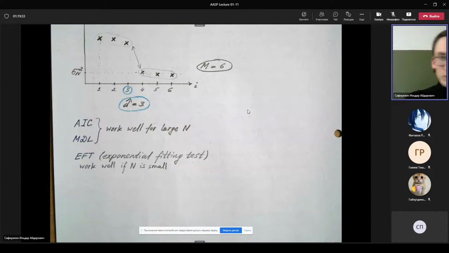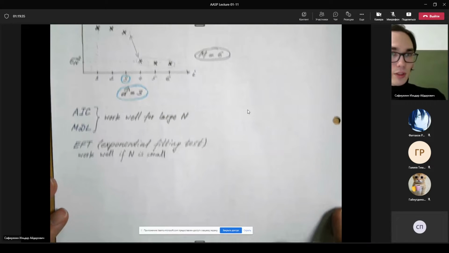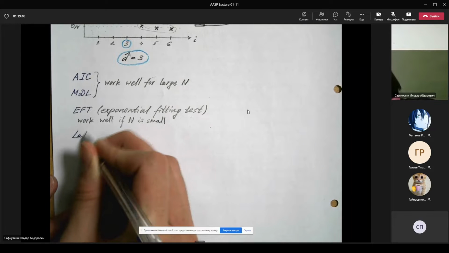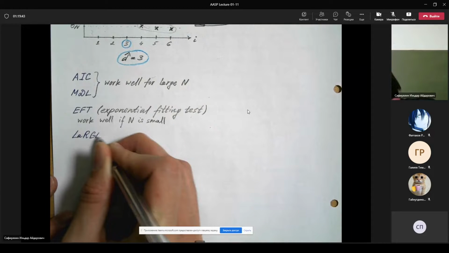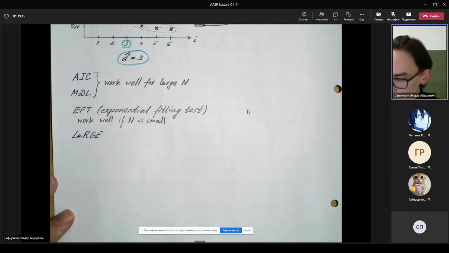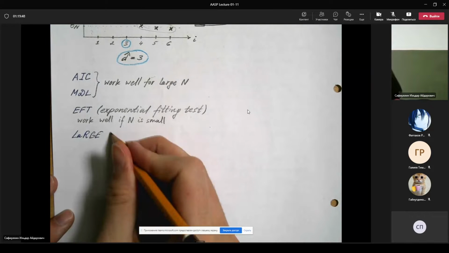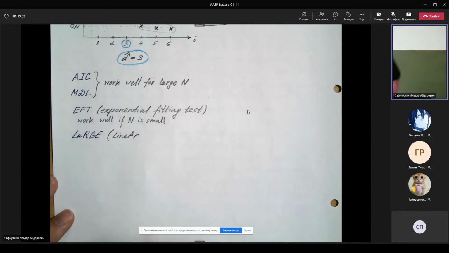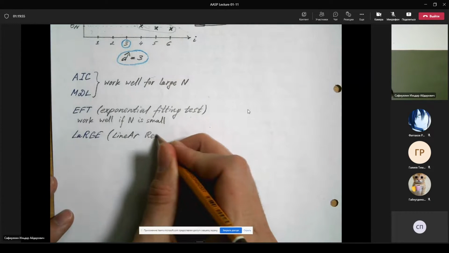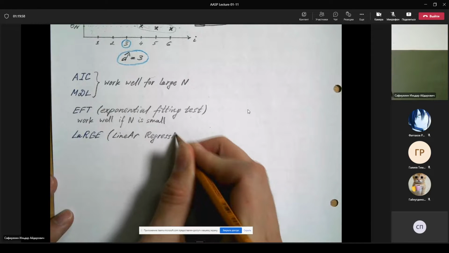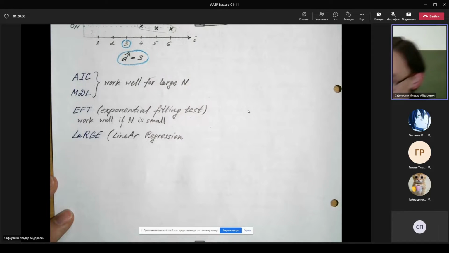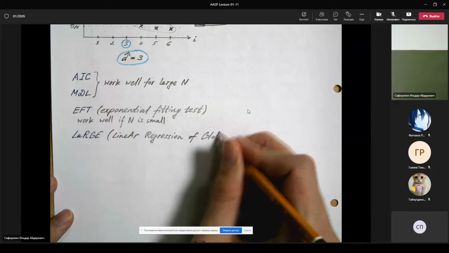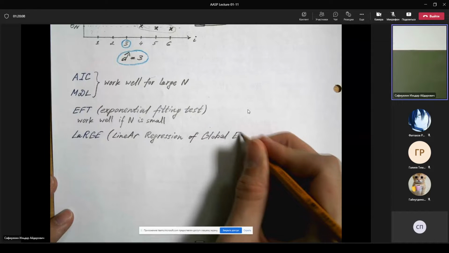And of course, the large algorithm, it is linear regression of global eigenvalues.